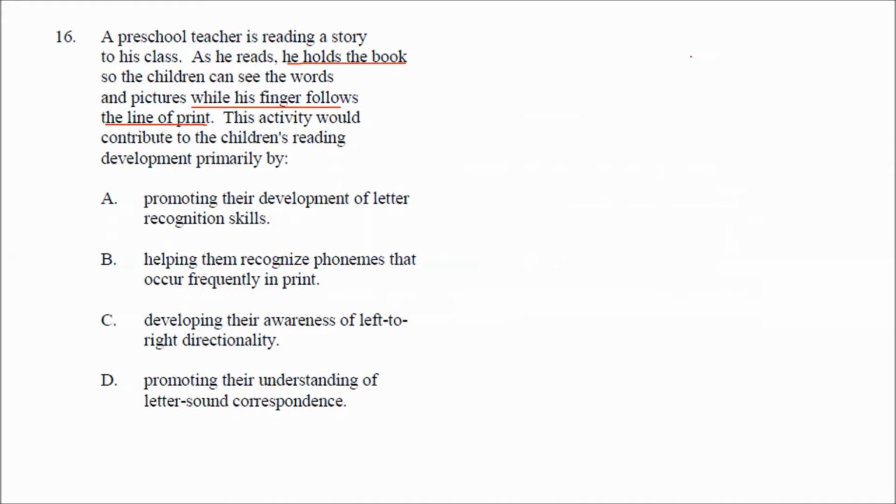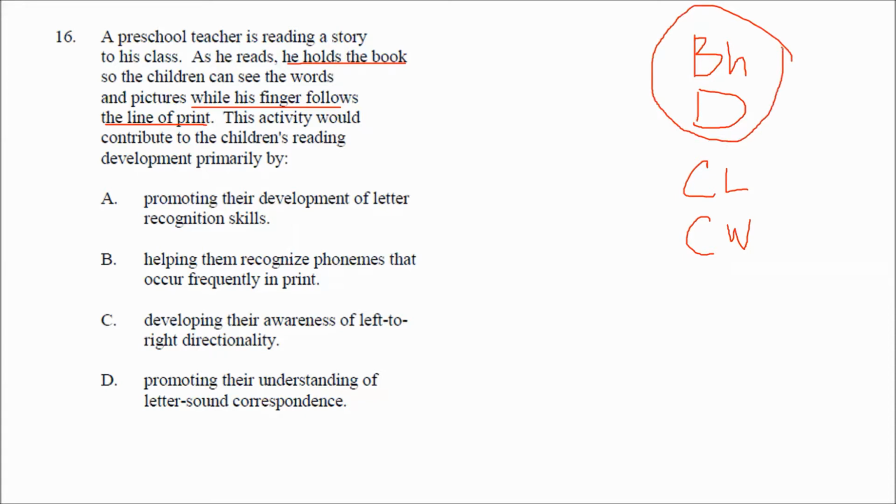So in our spectrum, we have book handling, which includes directionality. And then we have concepts of letters and concepts of words. And I heard two things that support where this question is in this world: book handling, how she holds a book, and directionality, her using tracking to follow the line of print. So let's see what it's primarily promoting.